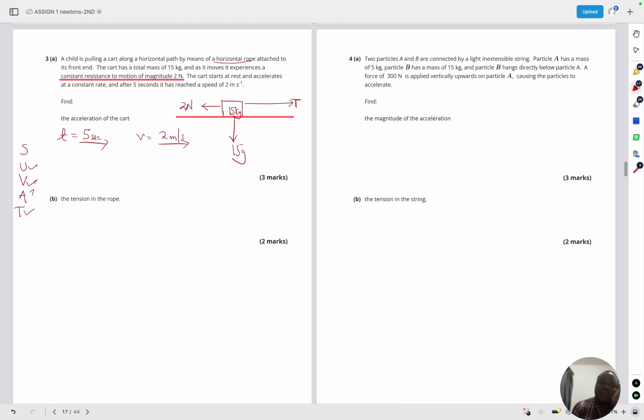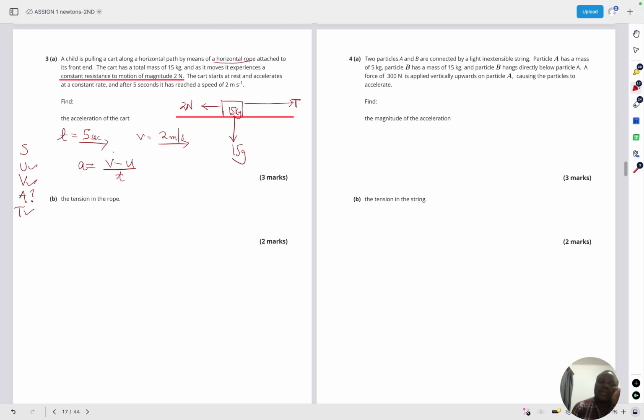What they want us to find is the acceleration. This is basic maths: we need to find an equation that has velocity, time, and initial velocity. There is a formula which states that acceleration is equal to v minus u over t.